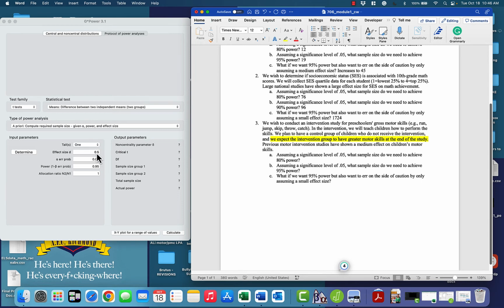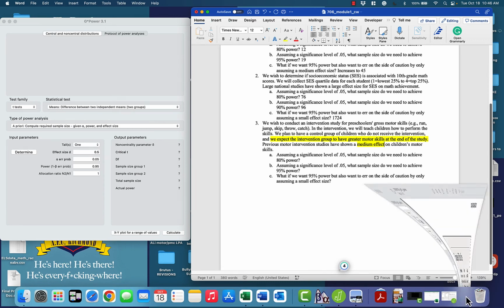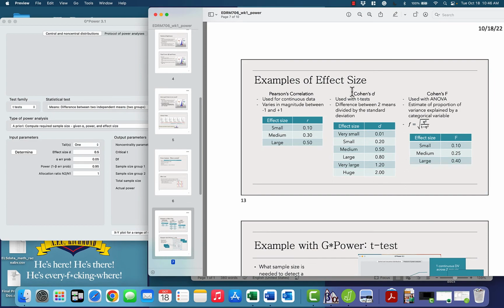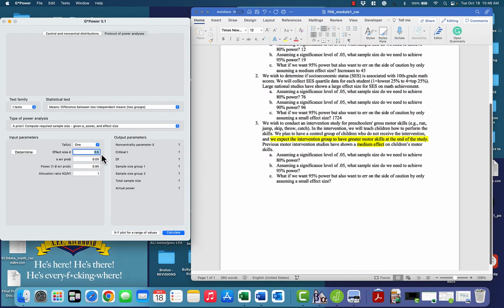All right, our effect size, this says to assume a medium effect. And if you haven't memorized them yet, let's go back to the PowerPoint and look at Cohen's d for t-test, and medium is 0.5. All right, so I can leave it on the default of 0.5. We're keeping alpha at 0.05. And in this first question, we are going with the general rule of thumb of 80% power.